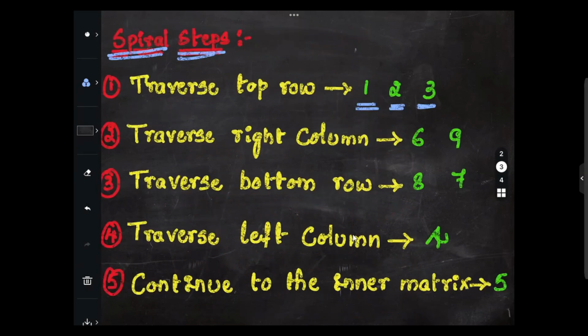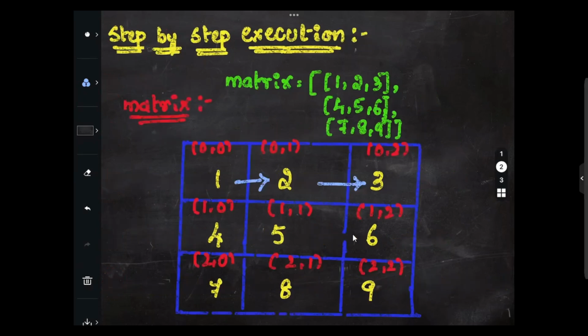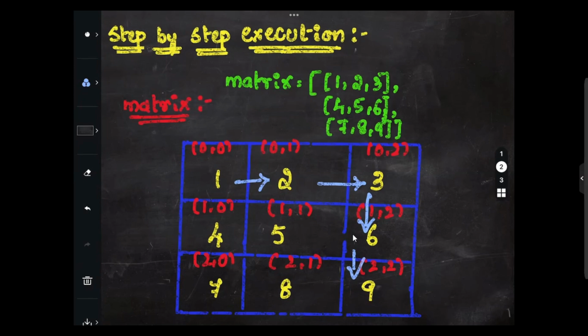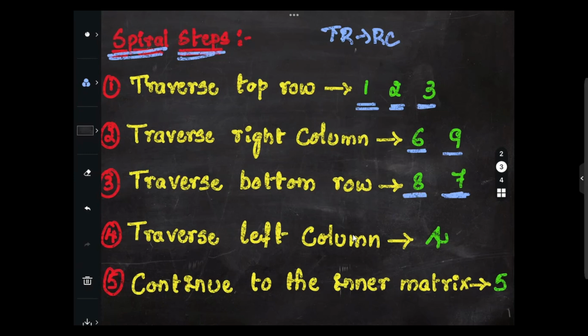After traversing the first row, we will traverse the right column, 6, 9. Now we have 1, 2, 3, 6, 9. Then we will traverse the bottom row, 8 and 7, so now we have 9, 8, 7.